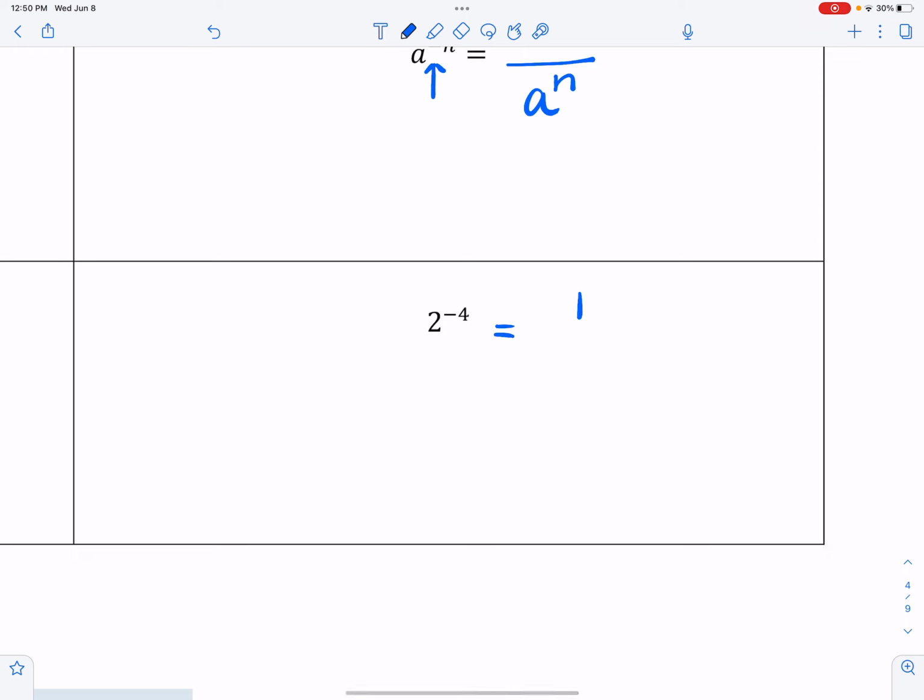I'm going to move it to the denominator, and when I do that, what happens to my exponent is that it always becomes positive. So 2 to the positive 4, we can evaluate that as 16. It's just because that 4 was negative, the 16 gets moved to the denominator, and this evaluates as 1 over 16.